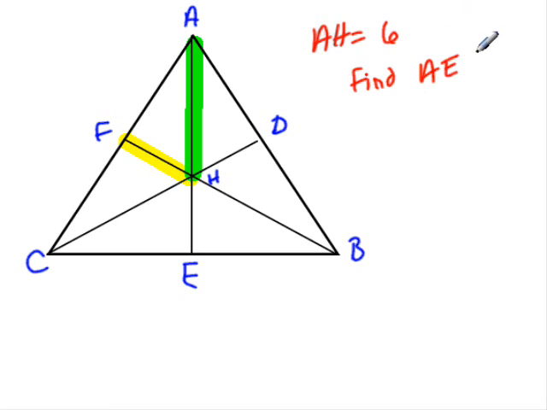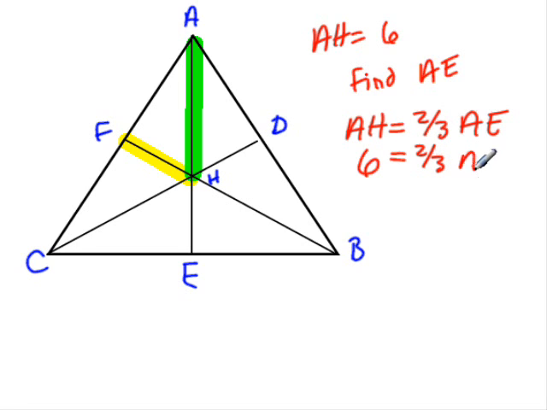So think about what we know. AH is from the vertex to the centroid. So AH is 2/3 of AE. Plug in what we know. Well, AH is 6. We're solving. Have to complete our math here.